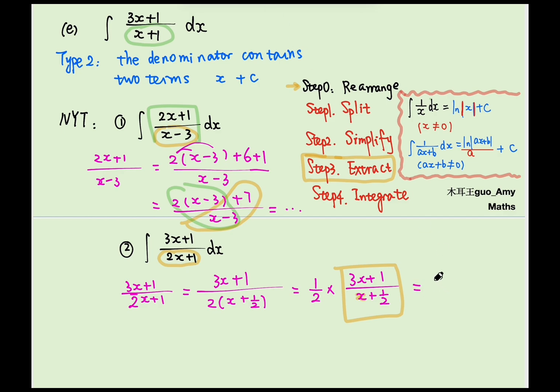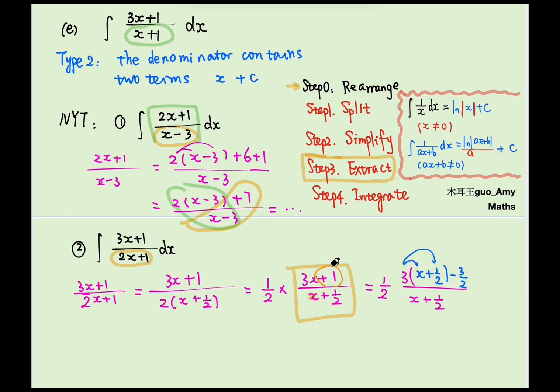We will follow the previous steps to rearrange the numerator in this way. 3, and then the x part we will put in the brackets to have x plus a half. By expanding the brackets, we have added 3 on 2. In order to be equivalent, we will minus 3 over 2.